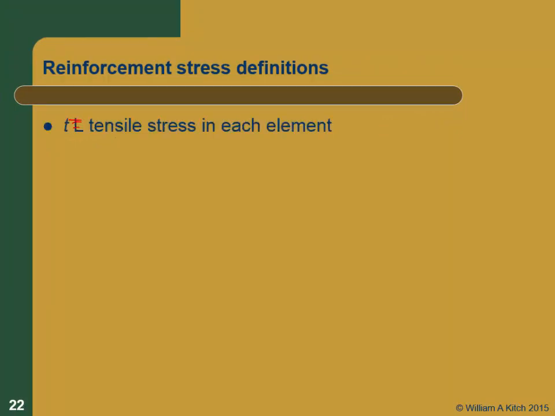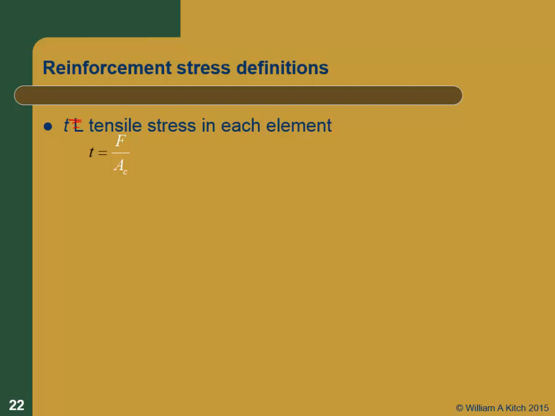Okay, so T we're going to define as the tensile stress in each element. T is going to be equal to the force in the element divided by the effective area. When I say element, for a bar it's a single bar, and for a grid, if I have an element like this one, it would have 4 longitudinal pieces to it, right?